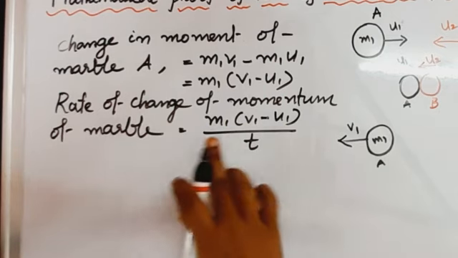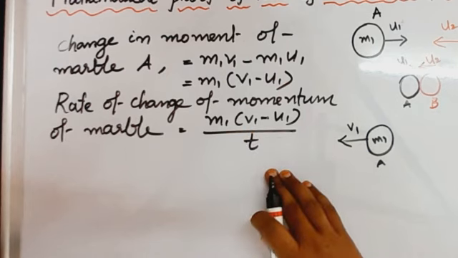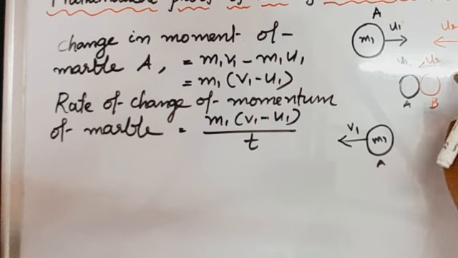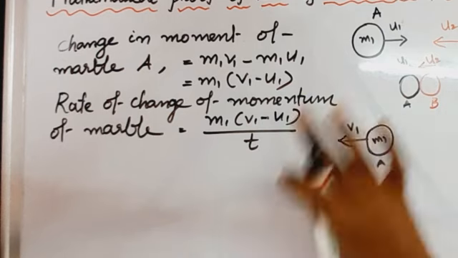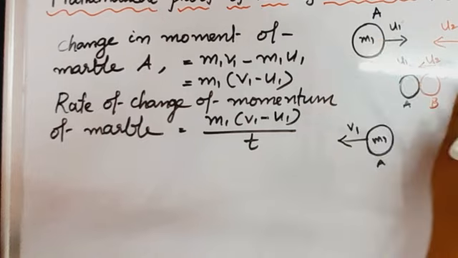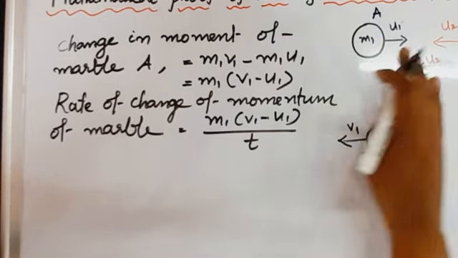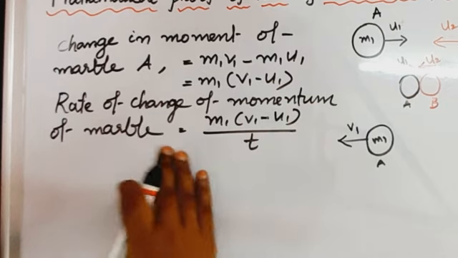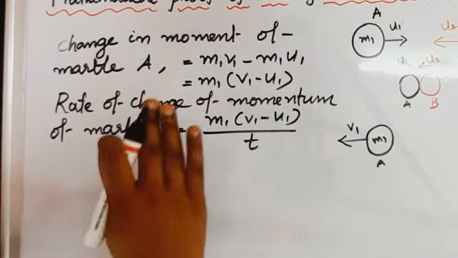The rate of change of momentum of marble A is the force exerted by marble B on marble A. This is a force of A on B and B on A. Now we are taking marble A, so we can take it as force 1.